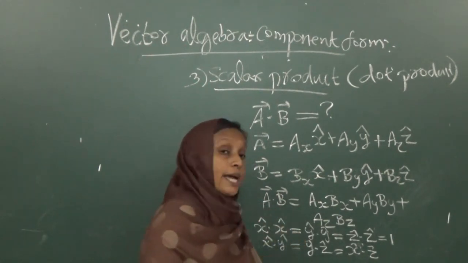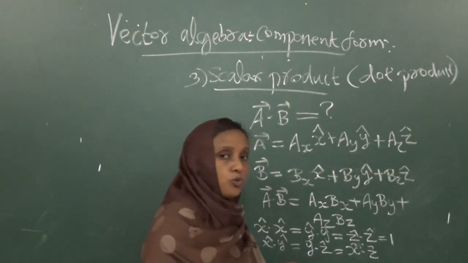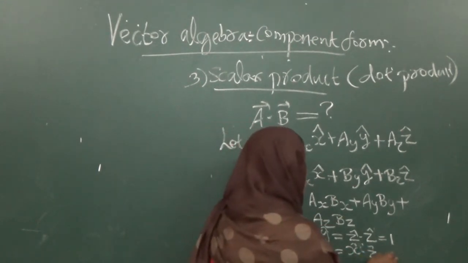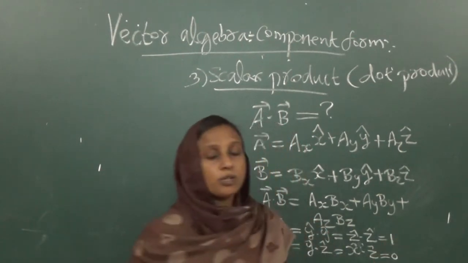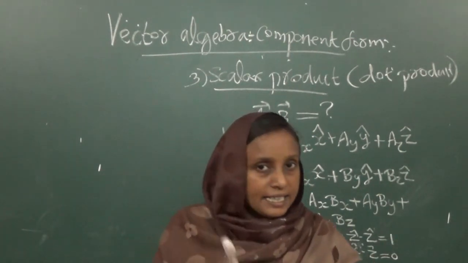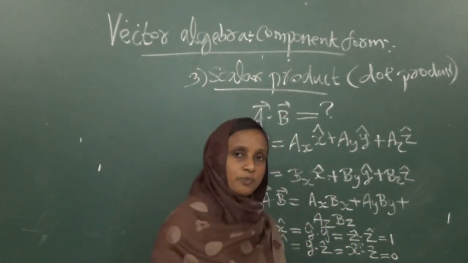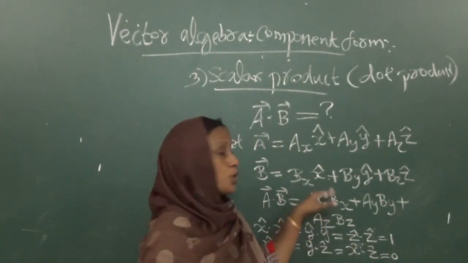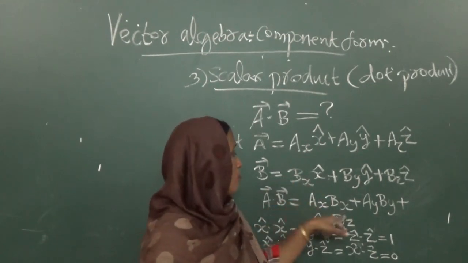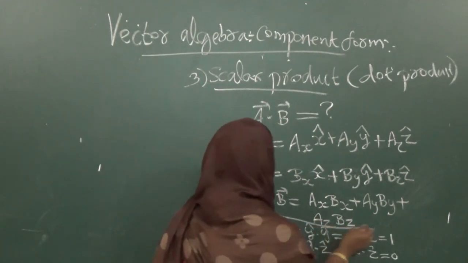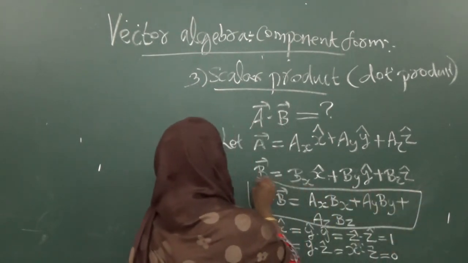All these go to 0 because theta is 90 degrees and cos 90 is 0. From these results you get that A dot B equal to Ax Bx plus Ay By plus Az Bz.